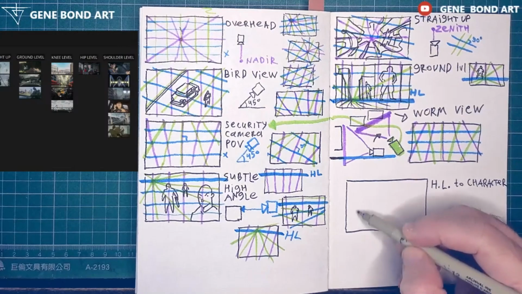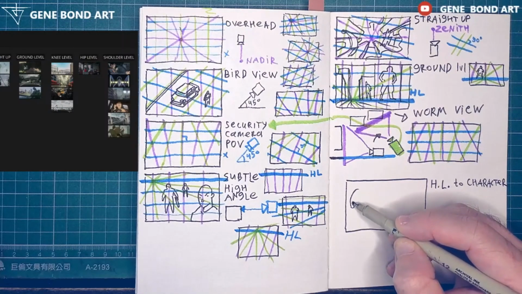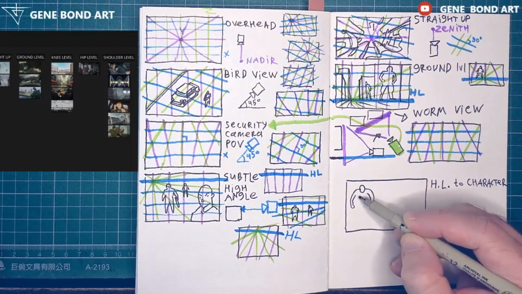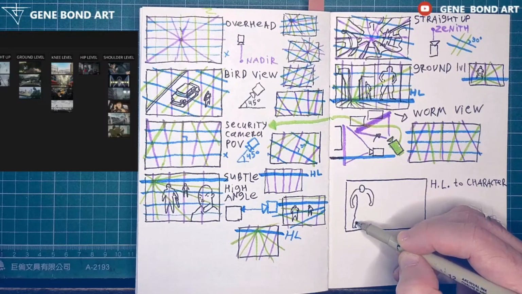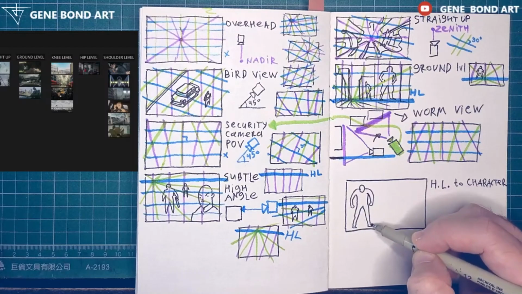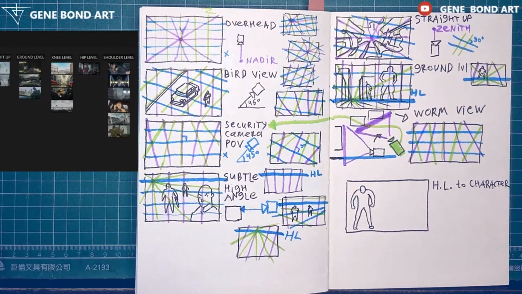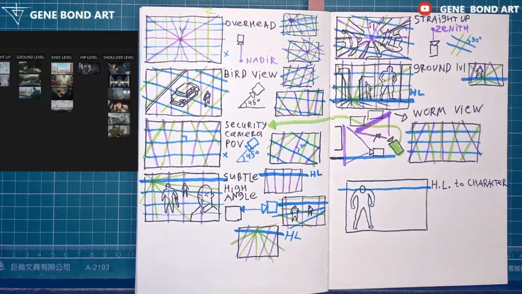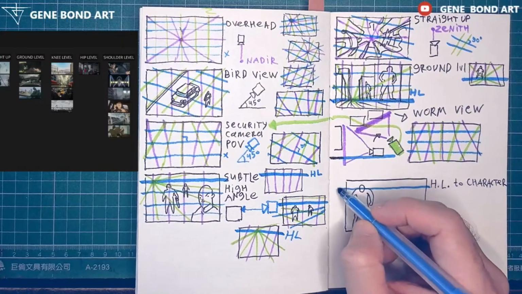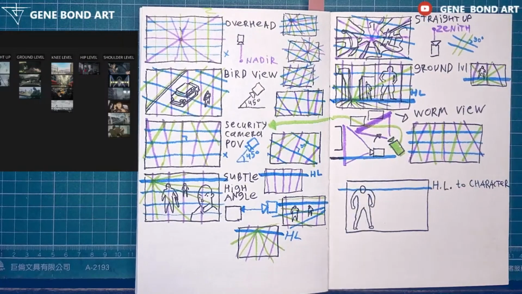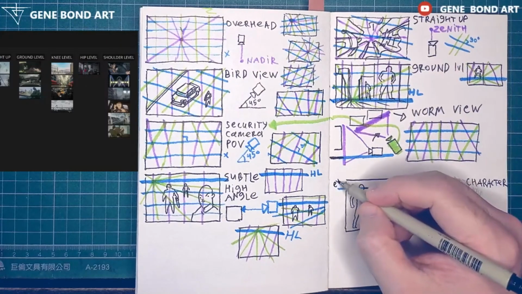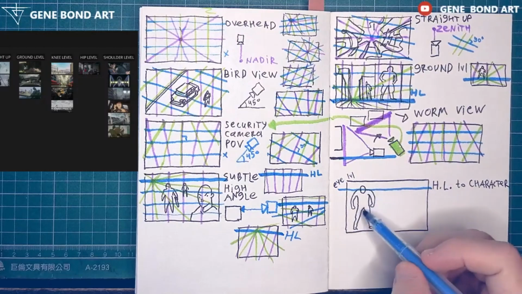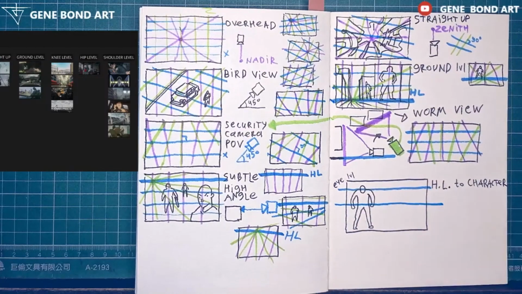So let's say you can have high level, you can have this kind of waist level.